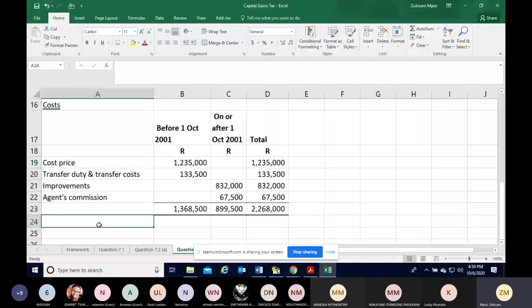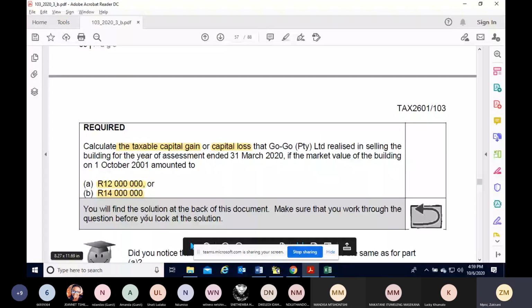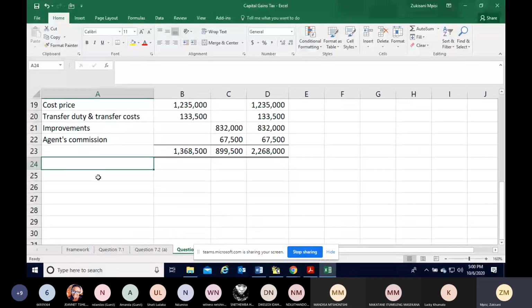And the only difference now is applying paragraph 26. So remember, we have to apply 26.1 first. So 26.1 is the same as the other one.